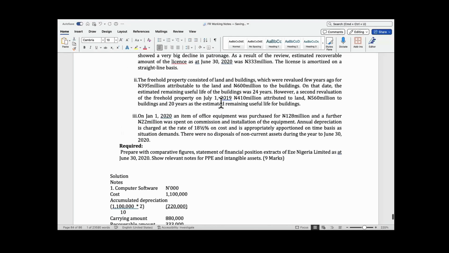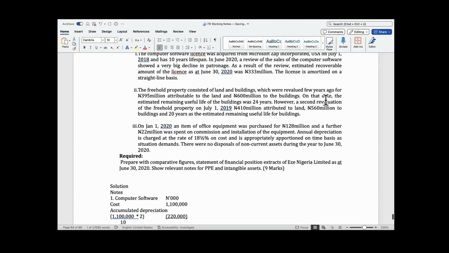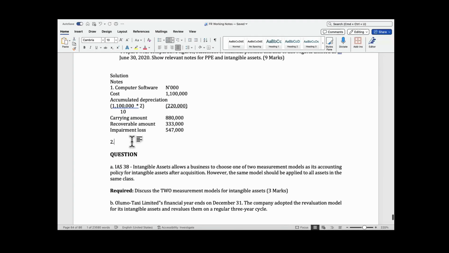Now on that date, the estimated remaining life is now 24 years. However, a second evaluation of the freehold premises happened at the beginning of the year. 410 to land, 560 to building, and 20 years as the remaining life for building. Okay, nice. So I think it's just best for me to do a separation.